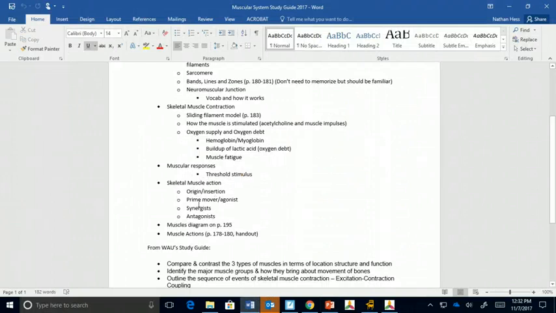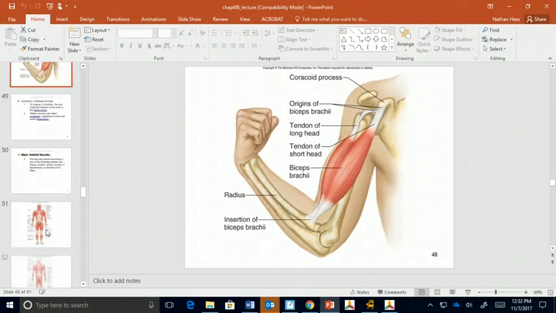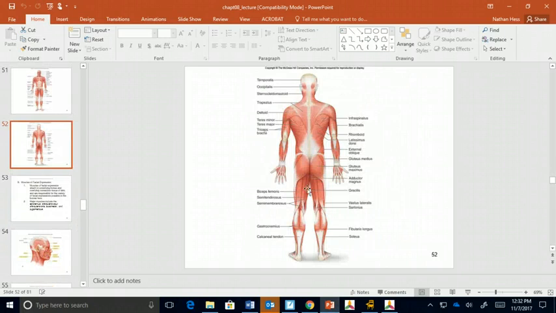So we have origin, insertion. The prime mover is also called the agonist. That's an older word. Synergist is a helper. Antagonist is doing the opposite. So another classic example would be your hamstrings on the back here, your biceps femoris, your semitendinosus, semimembranosus.